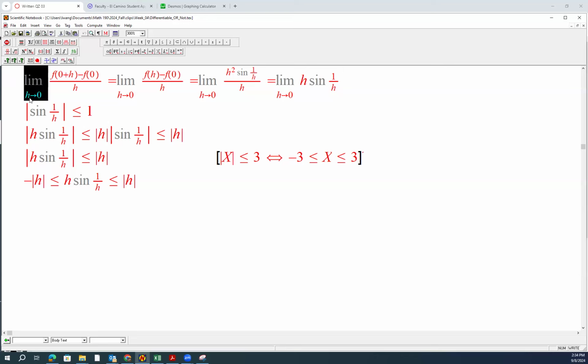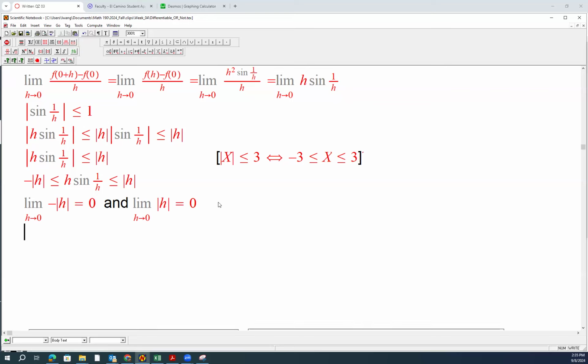Next, we have reason to observe the limit above and below. So the limit of the absolute value of h as h approaches 0 is obviously 0, we all know that. And the other limit, of course, is also 0 if I remove the negative sign. Those are very, very well known.